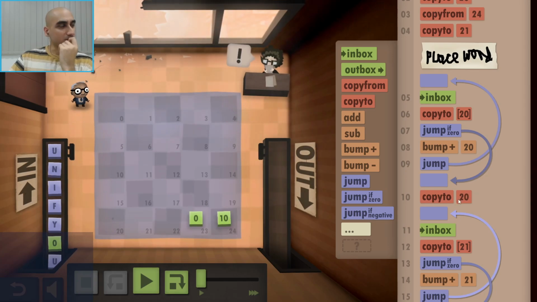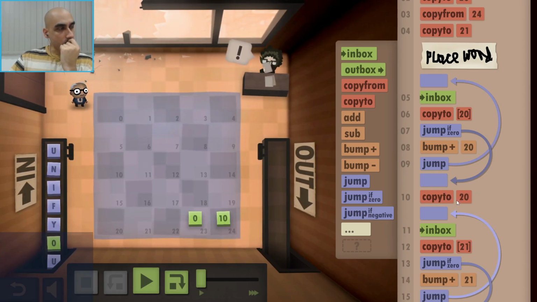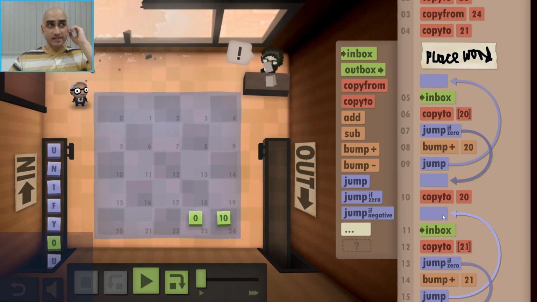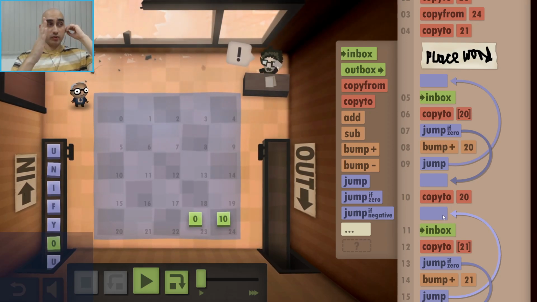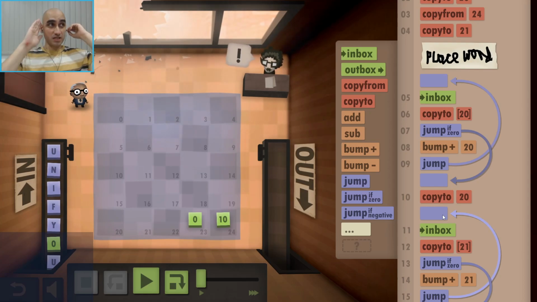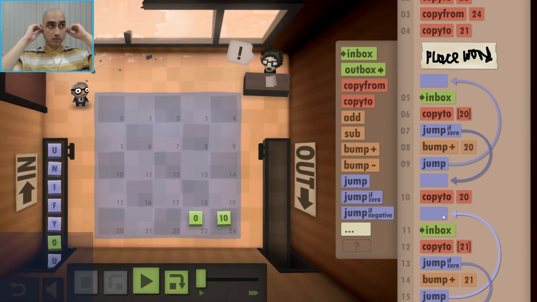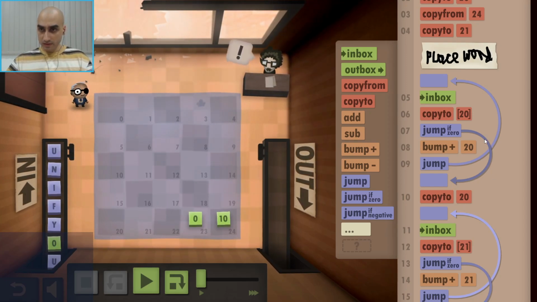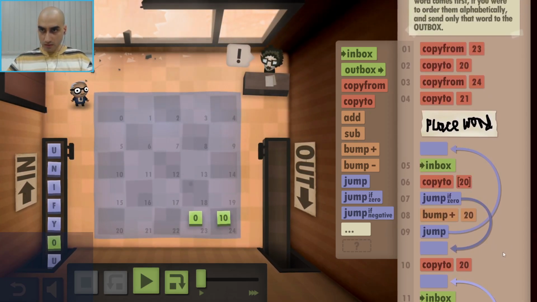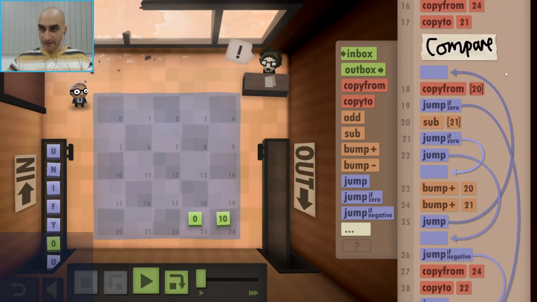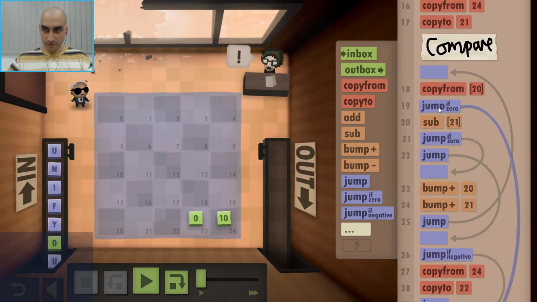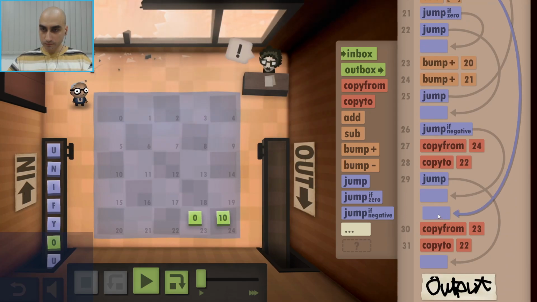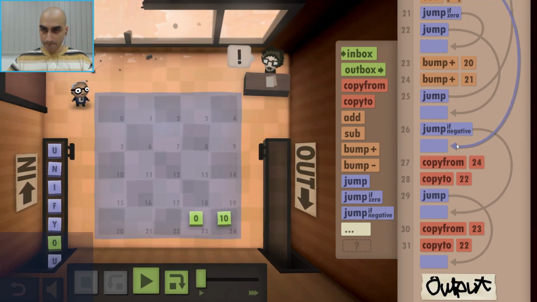No. If we get a 0 in the first one, that means they're equal up to that point. But the first one is either shorter or the word is completely equal. In both cases, we want to output the first one. Alright? So, let's do that. So, compare. If we pick up a 0, we do that.